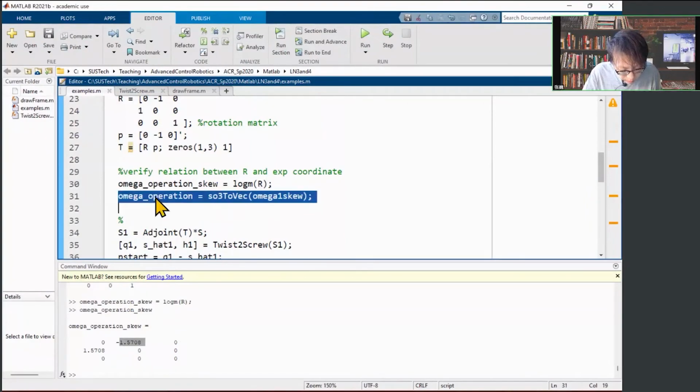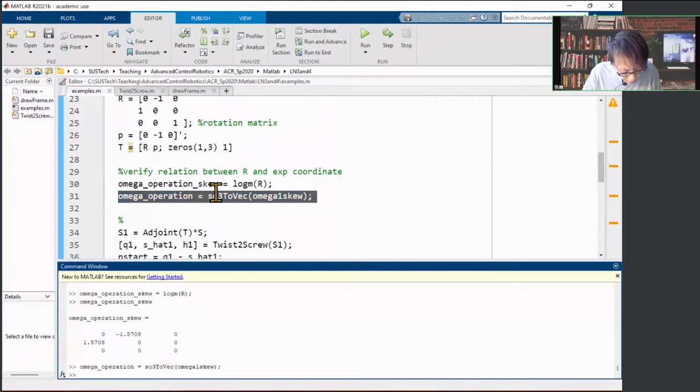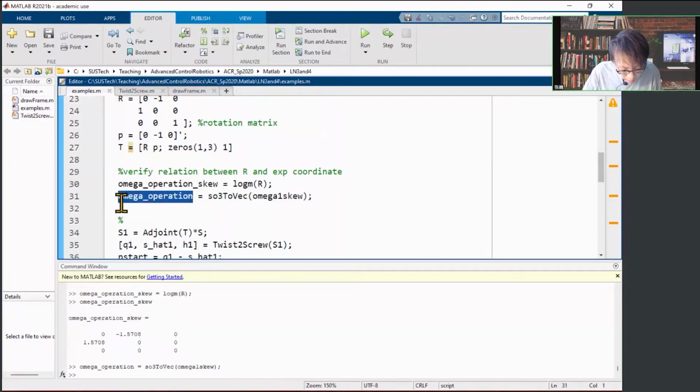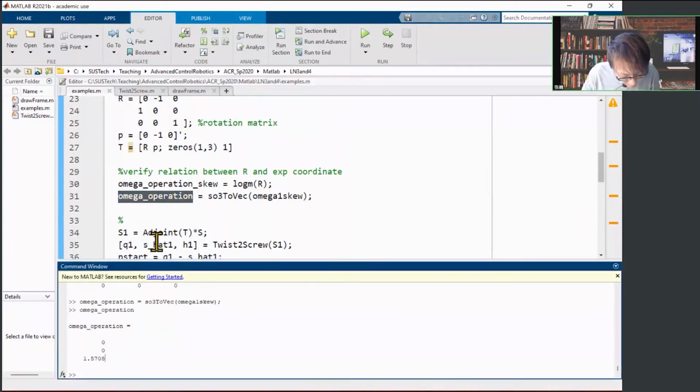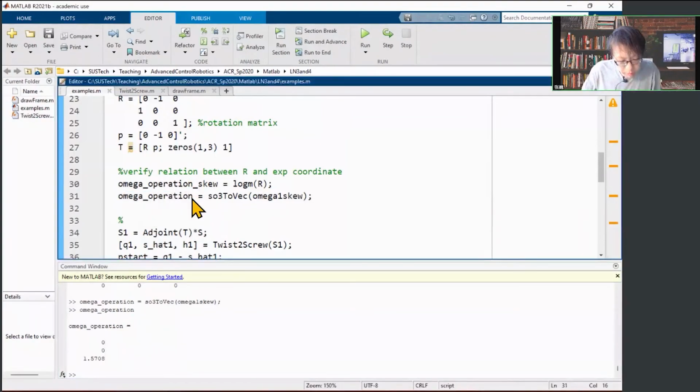If you run this again, this is the omega, along the axis by half pi, right? So that corresponds to this rotation operator. This R is not viewed as a change of coordinates. It's actually the operator view: rotate about the axis by half pi. And this p is move along the y direction by -1, or sorry, by 1 meter.